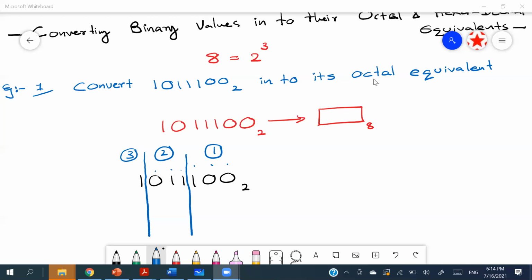That means groups which contain 3 bits inside them. Bits means a 1 or a 0. So 3 bits means there will be 3 ones or zeros, right? It starts from your right hand side, then from 3 by 3, you group the number that is provided to you. Is that clear, Dua?